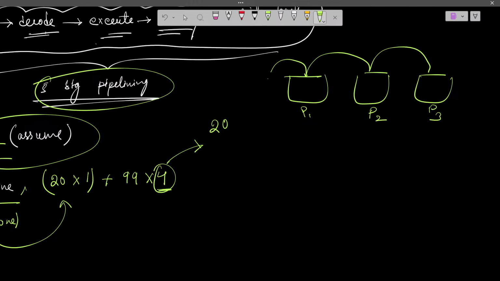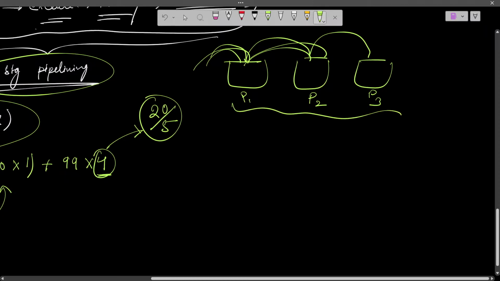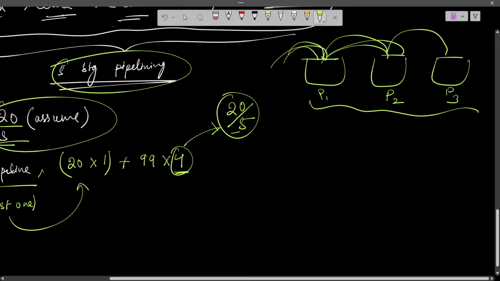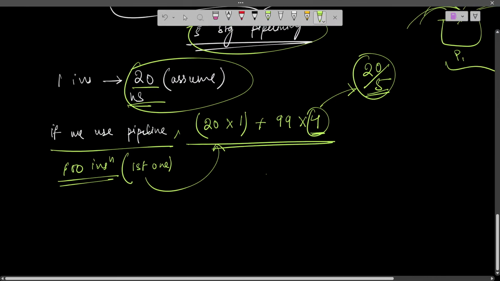They will just take the second one and pass it. From there the next one would come and pass it. So all the others just need to take 4 nanoseconds, which is 20 divided by 5 cycles. Like we took the analogy of persons, here it will be 5 cycles. So 20 divided by 5, which is 4. Something like this is how pipelining actually works.